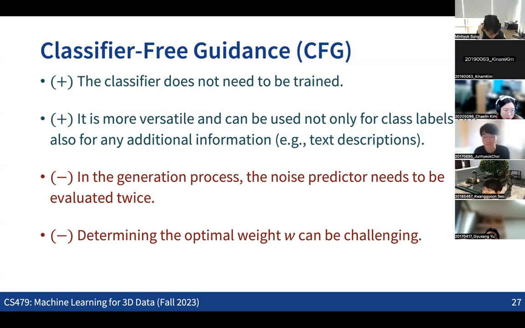Also, you need to choose the optimal weight W. Depending on which W you choose, the quality can even get worse, so it is crucial to choose the optimal weight W to get the best quality. That's the basic idea of how we can improve the quality and also the speed of the diffusion models.